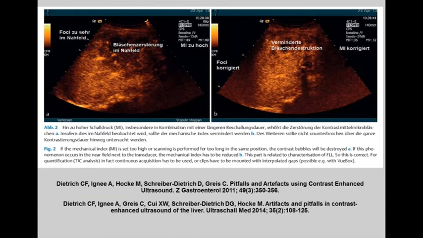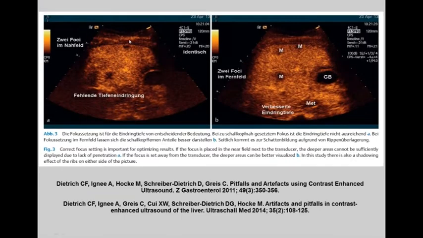Prerequisite for such an examination means that there should be no bubble destruction in the near field, and that we have to have enough depth penetration, which can be improved by the correct depth penetration, by foci, and the lowest mechanical index possible with still enough depth penetration.